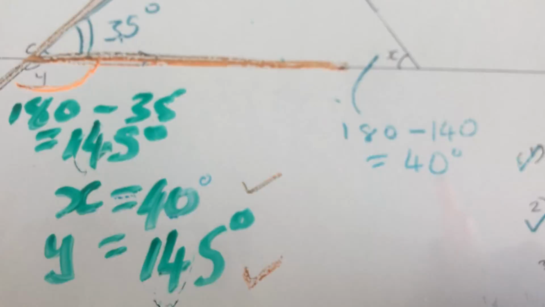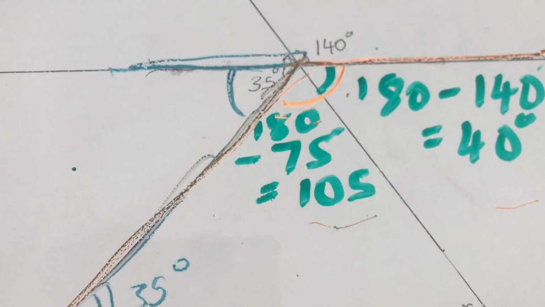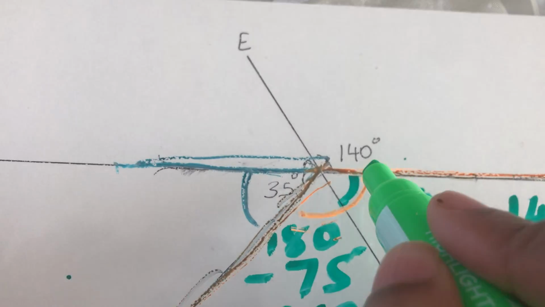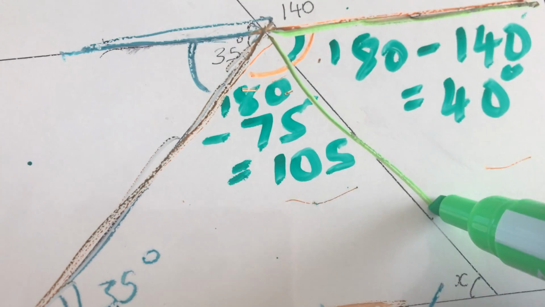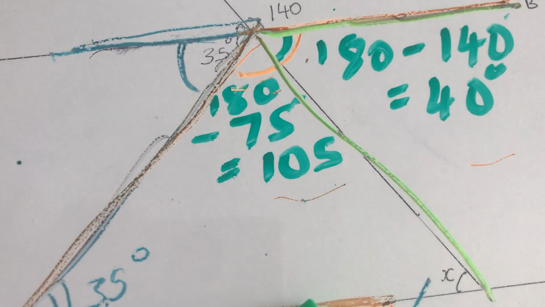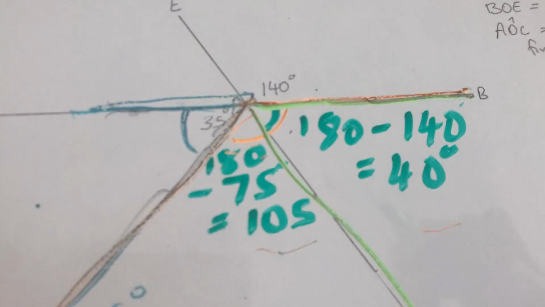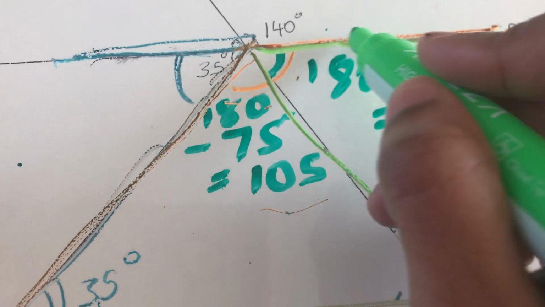And I'm sure of this answer because if we do the Z, let's use a different color. If we do Z, I'm so sorry, it's very hard to video. I'm going to buy that thing that you can hold the phone. But this is a Z, right?